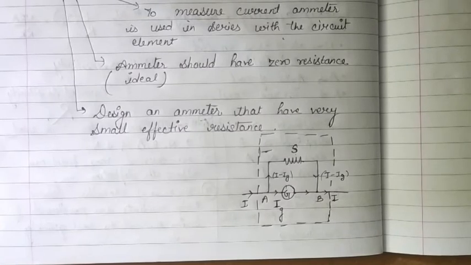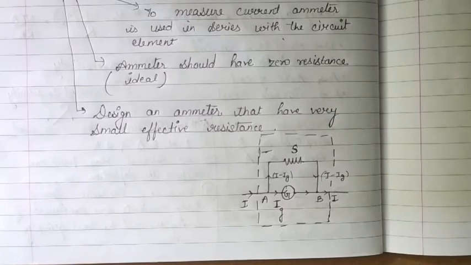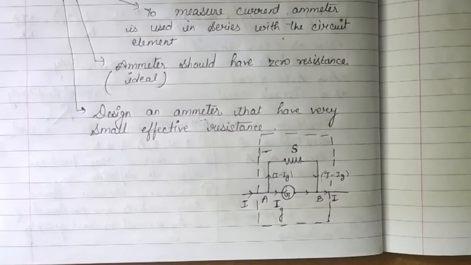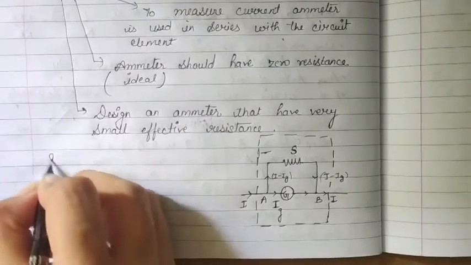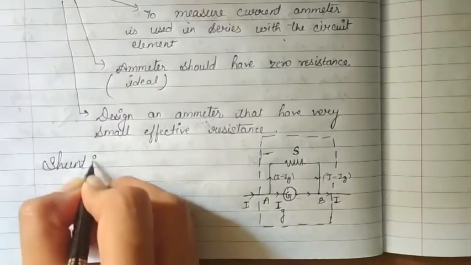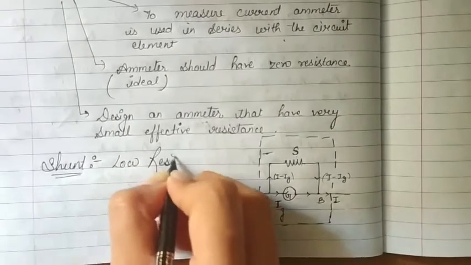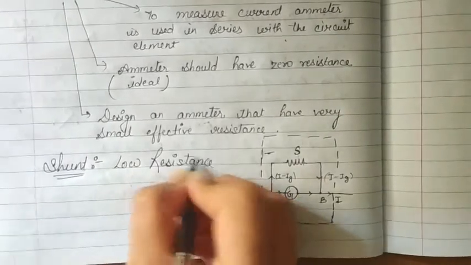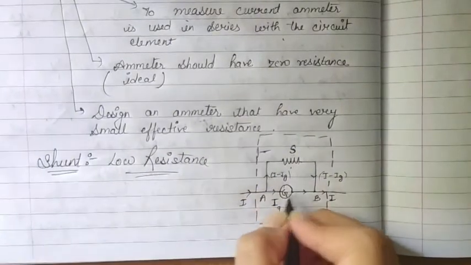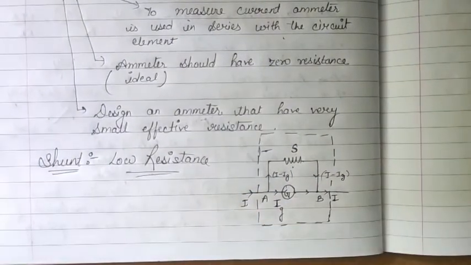So a galvanometer and a shunt are connected in parallel to obtain an ammeter. Now the shunt is actually a low resistance which is connected in parallel with a galvanometer. So what is a shunt? A shunt is a low resistance that is connected in parallel to the galvanometer to obtain an ammeter.